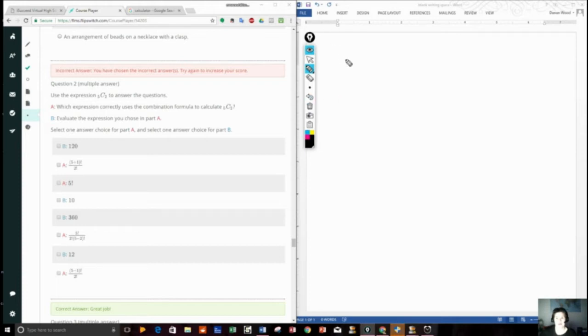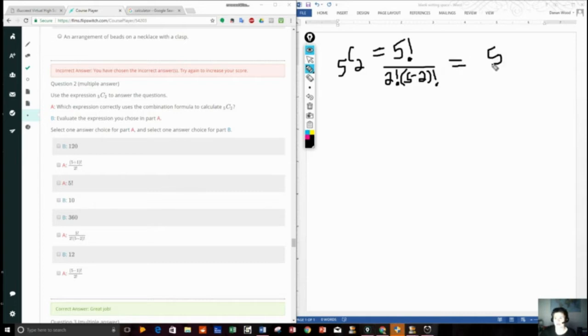And so we have 5 choose 2 is equal to 5 factorial, our first number, divided by our second number, times whatever's left. So what's left between 5 and 2? So we're going to take 5 minus 2. So that would be our expression that correctly uses it.